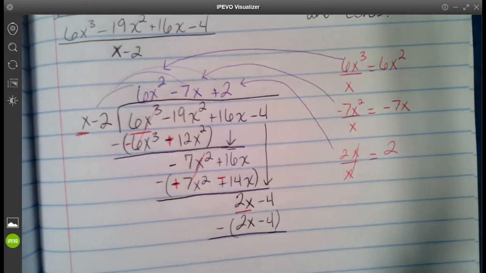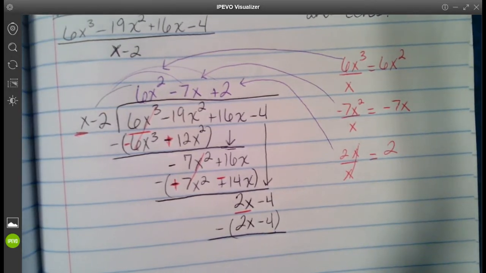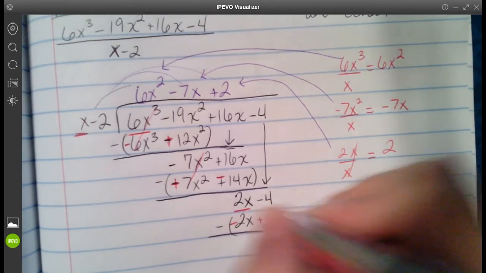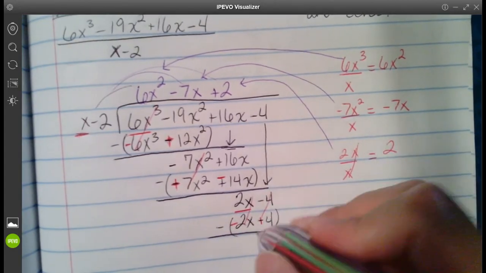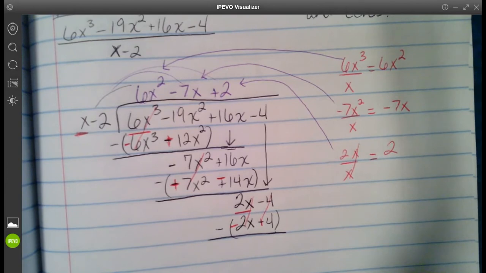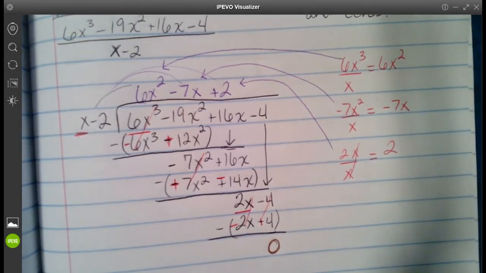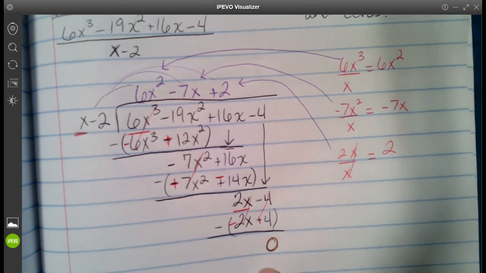We subtract, which means the signs are going to change. That's negative and that's positive. They both are gone because we now have a remainder of 0. Okay, so this one came out evenly because the remainder is 0.